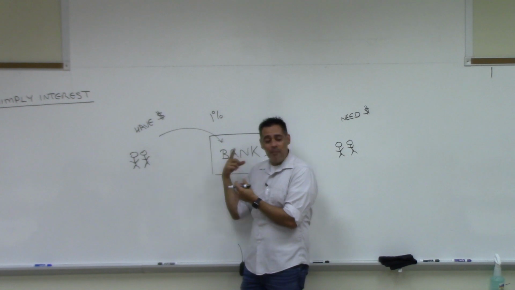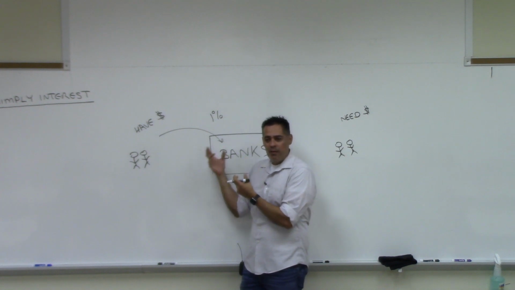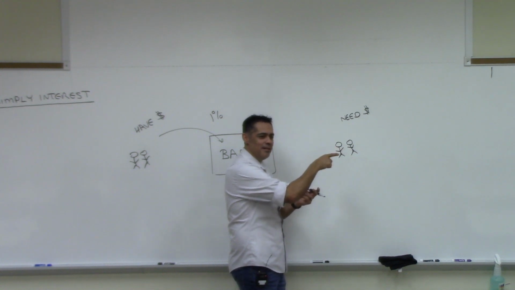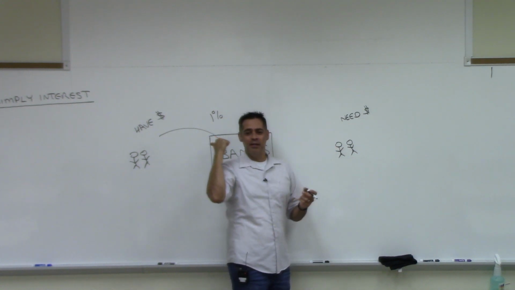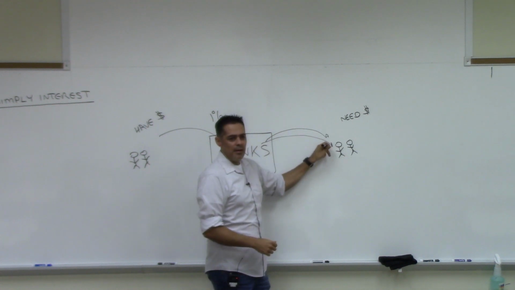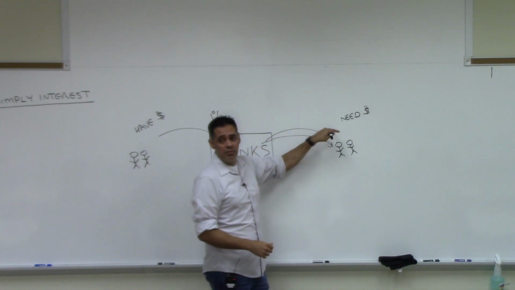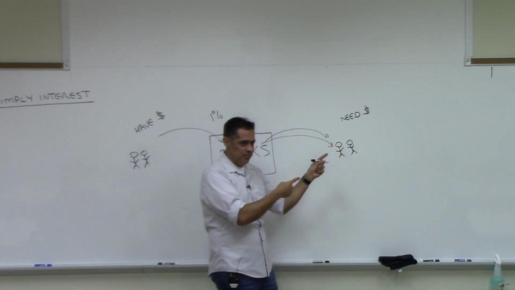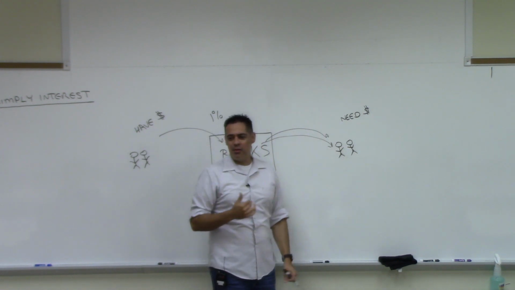And they have all this money sitting in there, right? That these people can come get anytime they want. And what they do is they turn around and they say, oh, you need money. We have their money. And so what we're going to do is loan you their money. And then they're going to charge you to borrow that money. But they're not going to charge you 1%. Well, it depends on how you're borrowing the money, right?